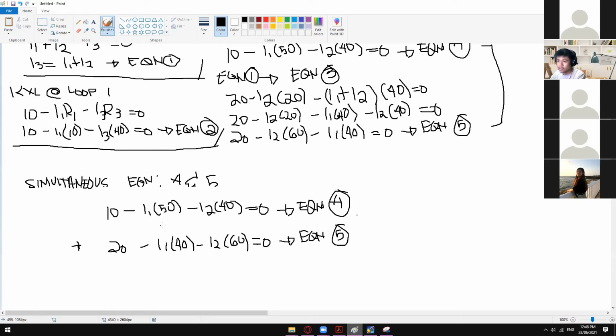So in here, we can 4, 8, 12, 40 times 4 times 5. So we can multiply the equation number 4 by 4, and then we can also multiply the equation number 5 by 5.